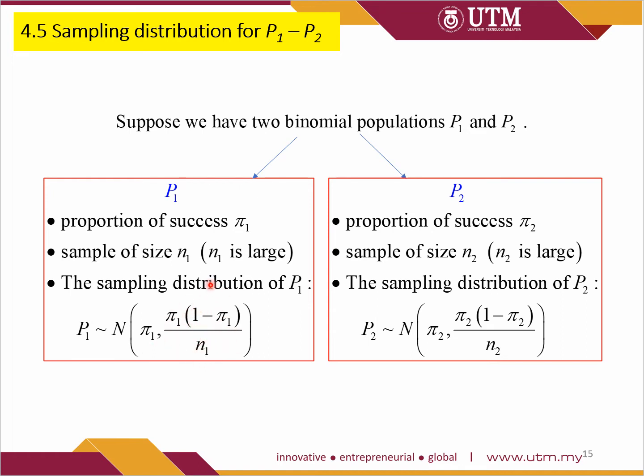And for the second population, the proportion of success is pi2, sample size n2, given that n2 is large, the sampling distribution of P2 follows normal, given the mean is pi2 and the variance is pi2 times (1 minus pi2) over n2.